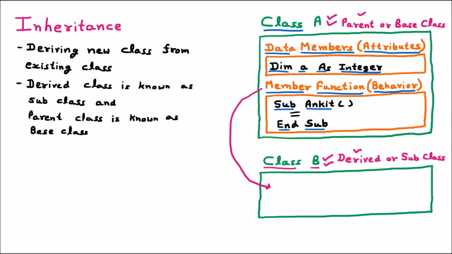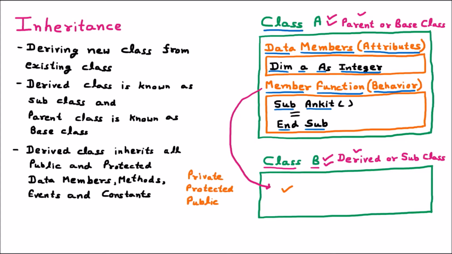If we talk about class B, which is the derived class or the subclass, what can we inherit? We can inherit public and protected data members, methods, events, and constants. So the derived class inherits all public and protected members.